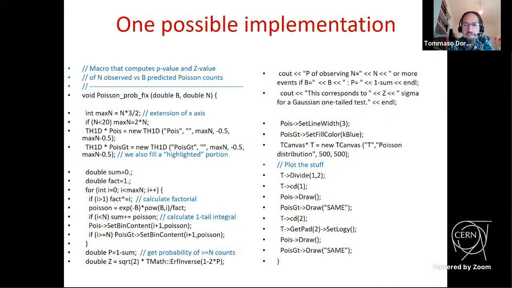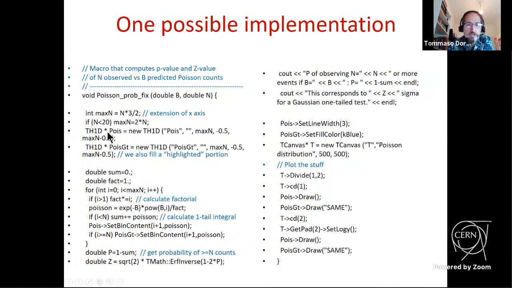Now, let us first look at the implementation of this code. The core of the program will be a call to a routine called Poisson probe fix, because we fix the background to be equal to b, and we have n events; these are passed parameters. Then we define a number that is useful for the range of these histograms.